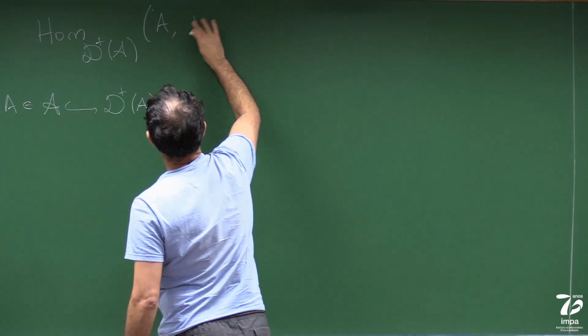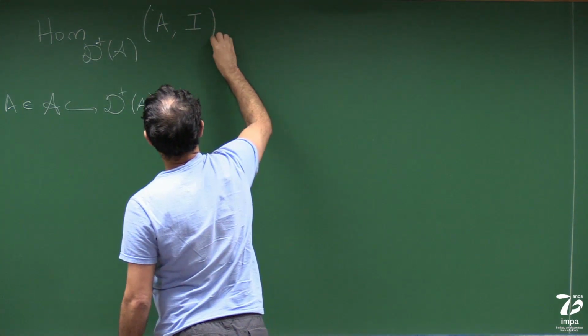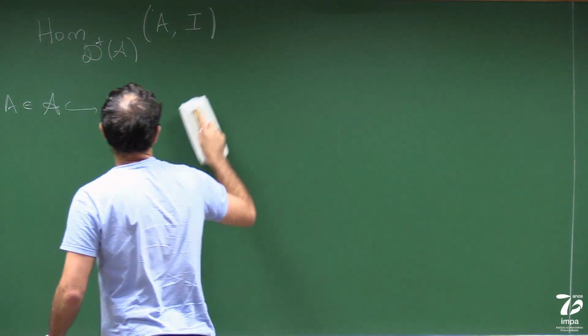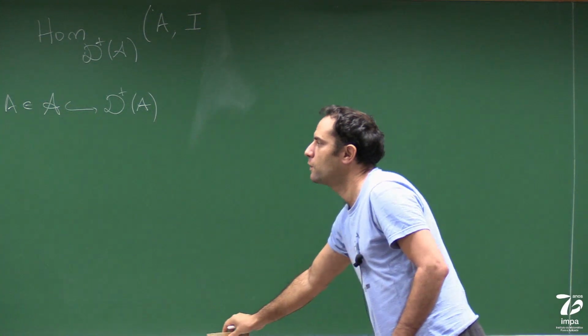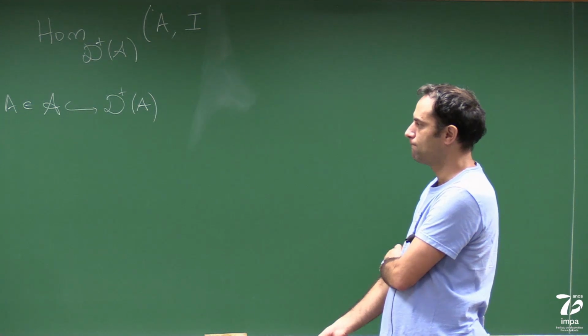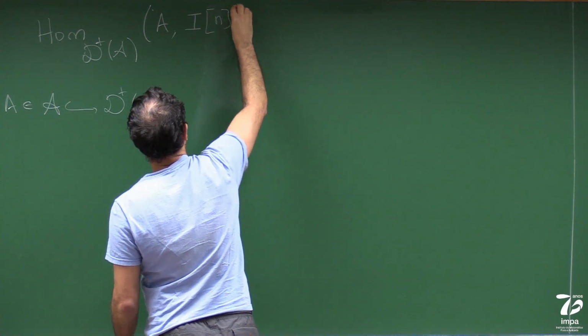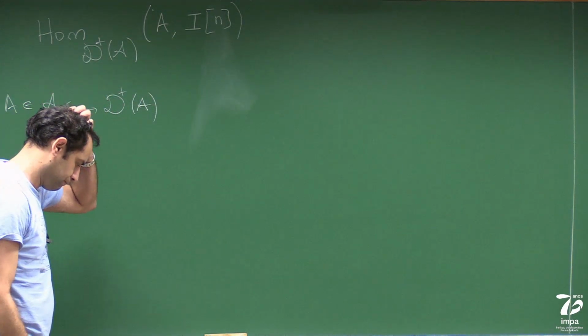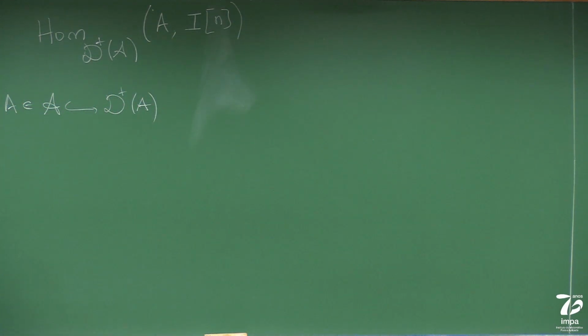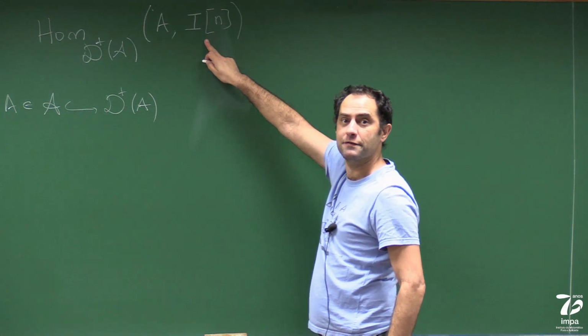And now let's look at I, shifted by n. So this here is a complex of injectives.